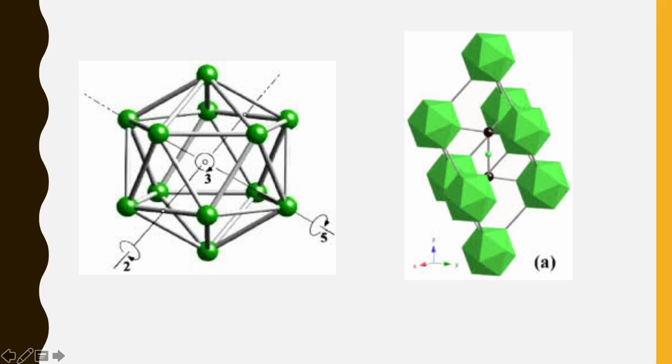So there are 12 boron atoms in this icosahedron unit, and there are 20 faces on this icosahedron unit. And these icosahedron units are arranged in different fashions, giving rise to 4 different allotropic forms of boron crystal.